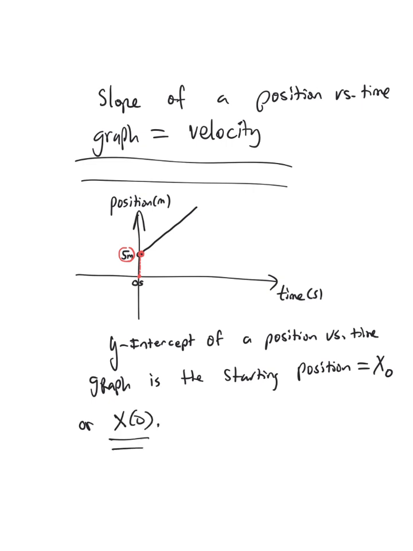Okay, so the position at time is equal to 0, and I'm using here function notation. So this is x, which represents position at 0 seconds. So position is a function of time.